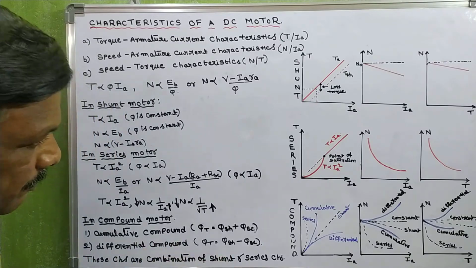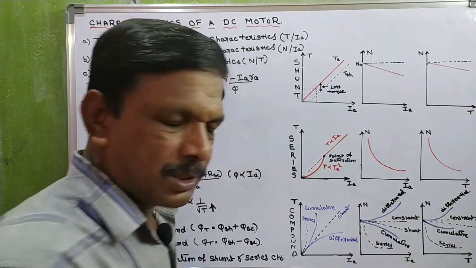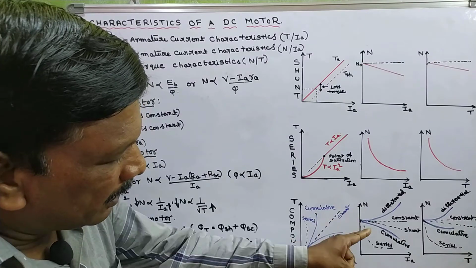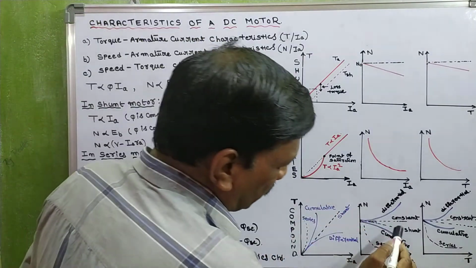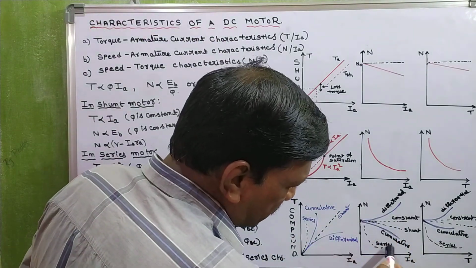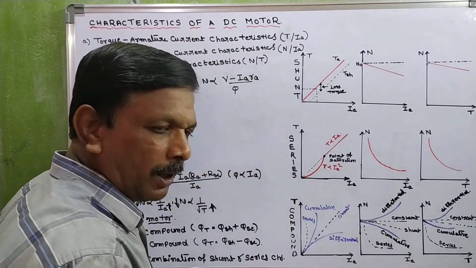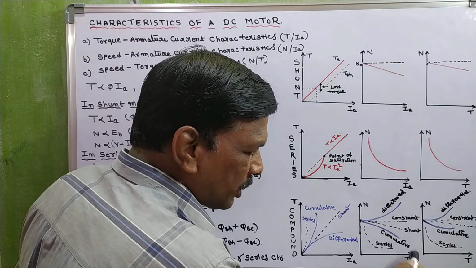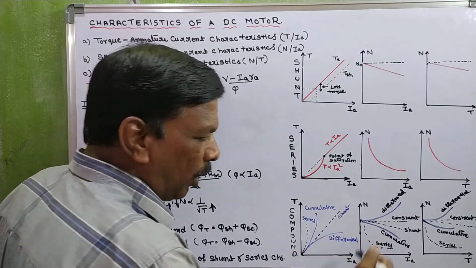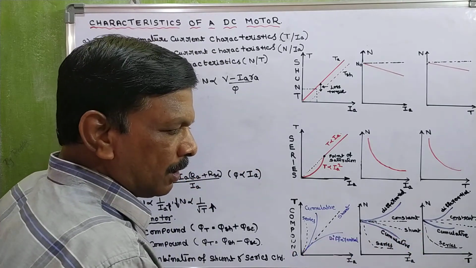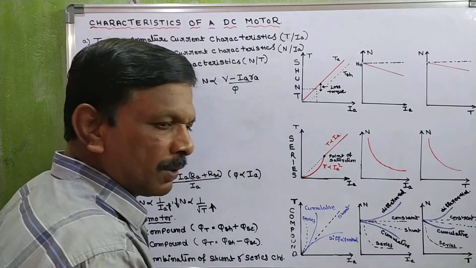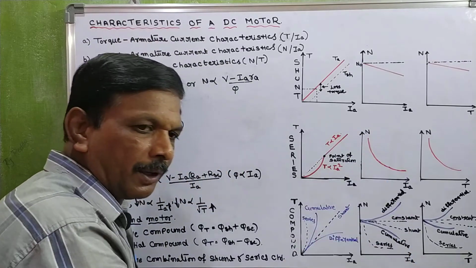Okay. Next, the N by Ia characteristic. When you see the diagram, this is the shunt and this is the series. When load increases on the motor, the armature current increases. When armature current increases, in cumulative the speed will decrease.